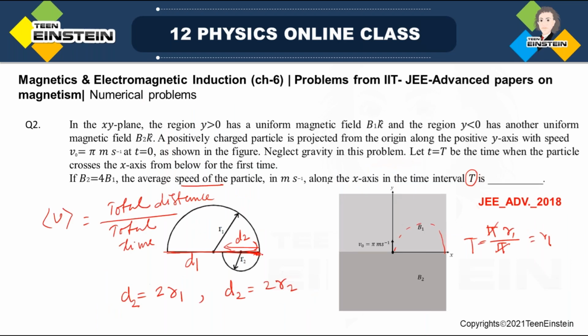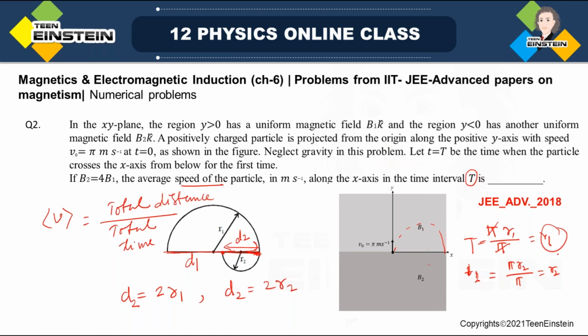We have to find out the time. It goes here up to this. This is R1. And what about this? If I say this is T2, then T2 is again pi R2 divided by the speed pi.